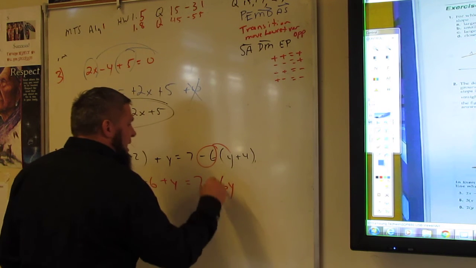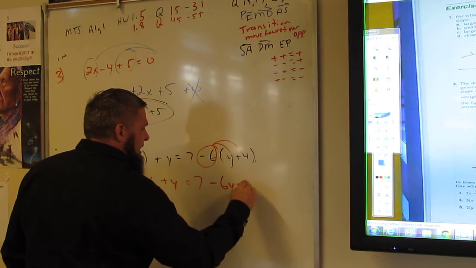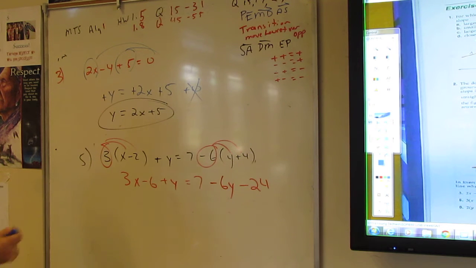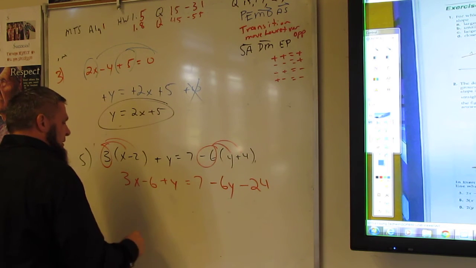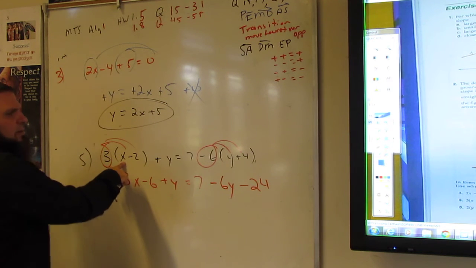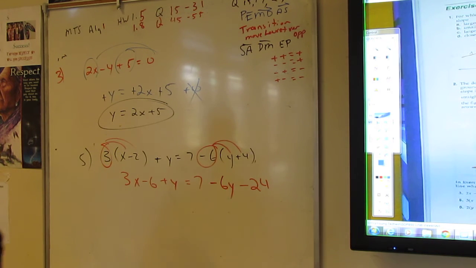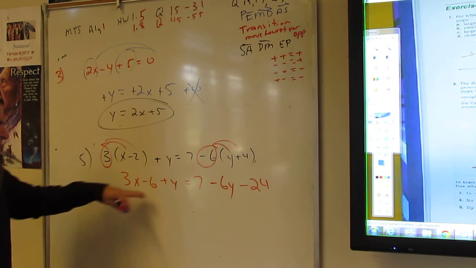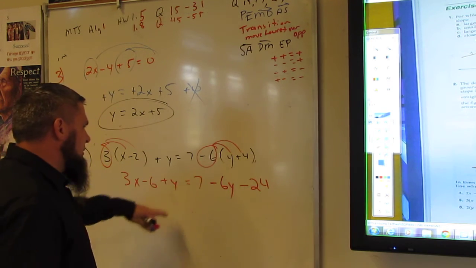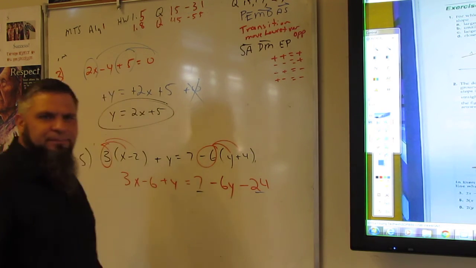Negative 6y, negative 24, right? Collect your like terms. What is like? Is this an x or is this a y? That's an X. Perfect. Okay? So, we can't collect any of these, yeah? Here, I can collect these two, yeah?